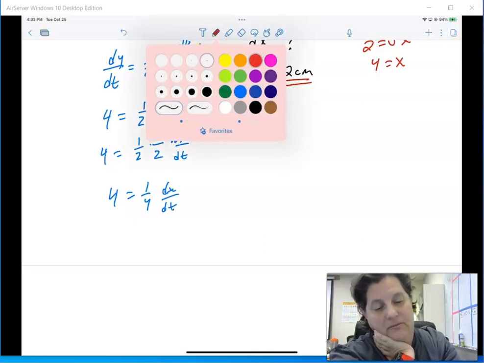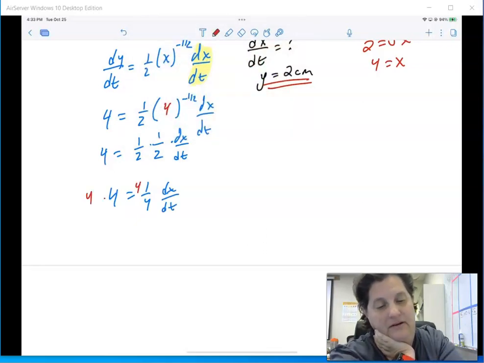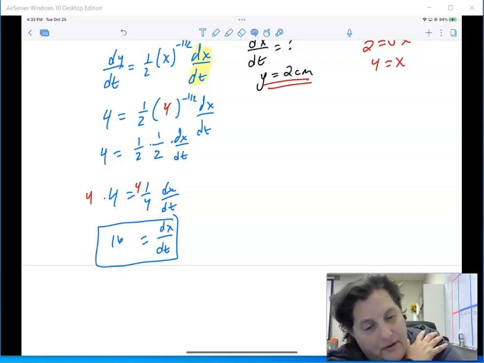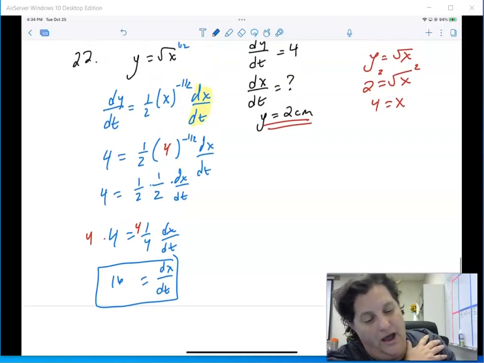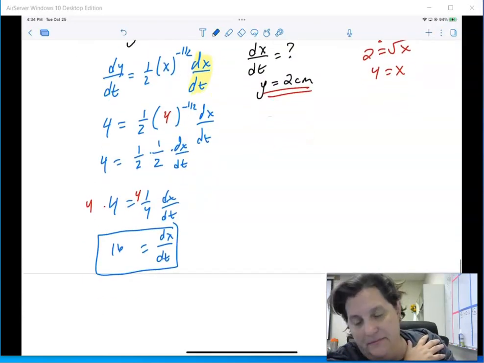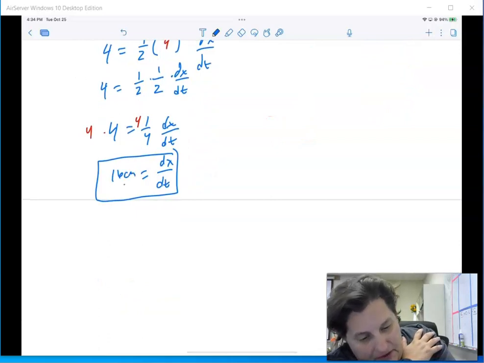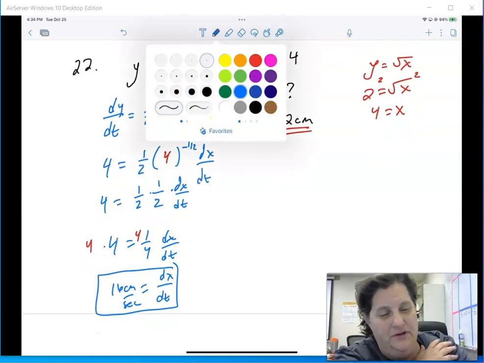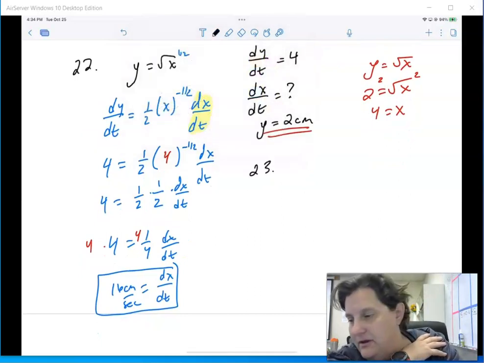And then I'm just going to go ahead and multiply by 4 on both sides to solve that. And so I get dx dt is 16. Want to make sure that I include units on that, though. And I'm just going to look at the units for y. Centimeters, so that's going to be centimeters per second. Okay? Pretty straightforward, the related rates, I think.